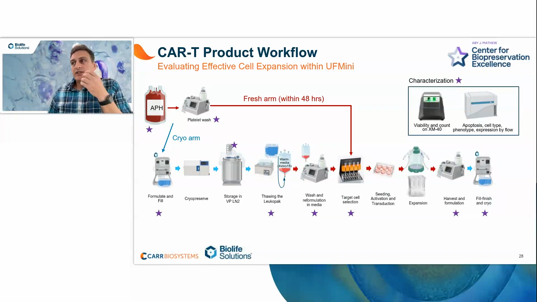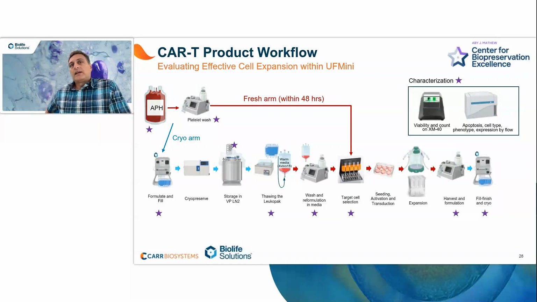We selected G-Rex because of its ease of use and the ability to reliably scale up or scale down, either in a 6M platform or a 100M platform. And then on day 9 of the process, that's one thing that we kept consistent. All of the process steps were kept consistent with different donors and different arms of the study: 3 days for activation and transduction, and then day 9 of the expansion.